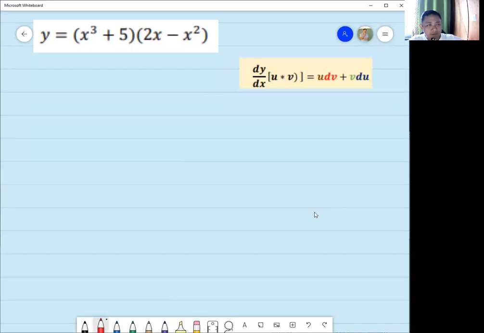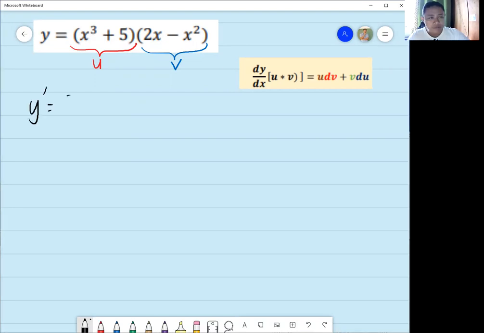Let this be our U. And let this be our V. Go. Type your answer in the chat box when you're done. Okay, so let's now get the derivative of this function. So we have y prime is equal to u dv.